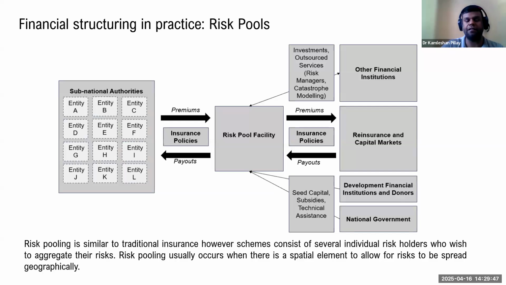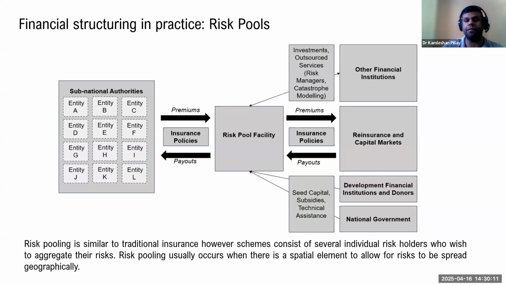The risk pool itself, of course, funds within that risk pool do not stay stagnant. The management of the facility would firstly be required to take out reinsurance. So that would be insurance for the insurer. It could also access other capital market instruments that have the same function as reinsurance.